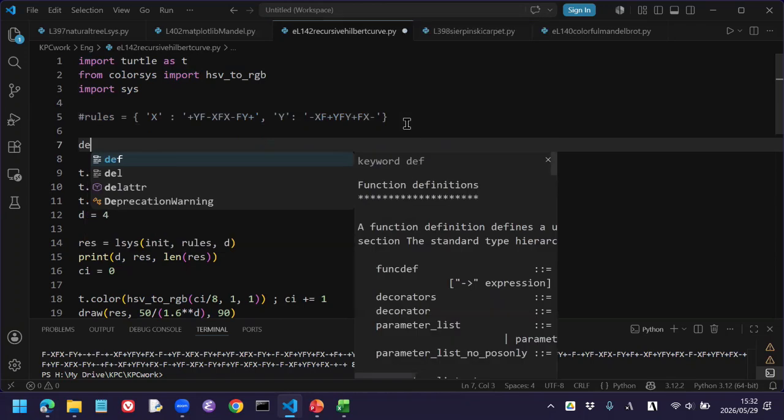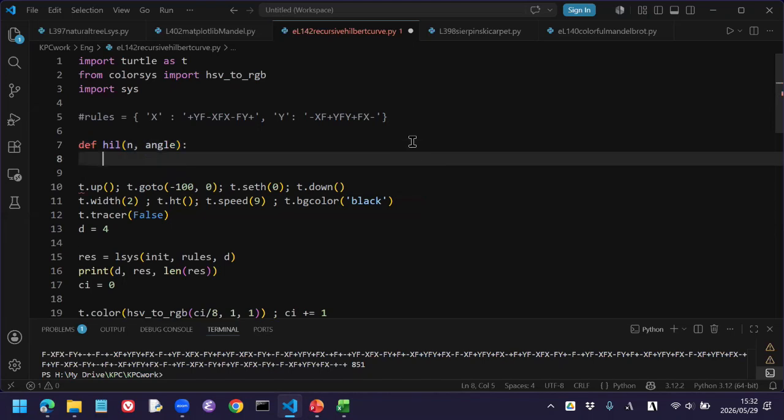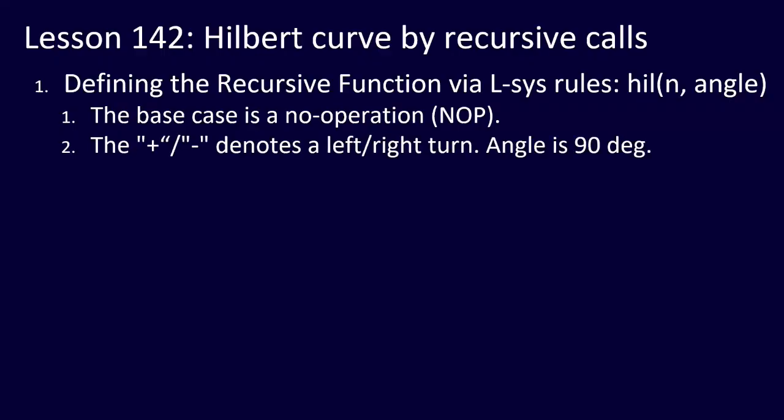So define, let's call it hill, or whatever name you like. And as usual, we have n and angle, as I said. We need a base case. As usual, base case is non-operation.